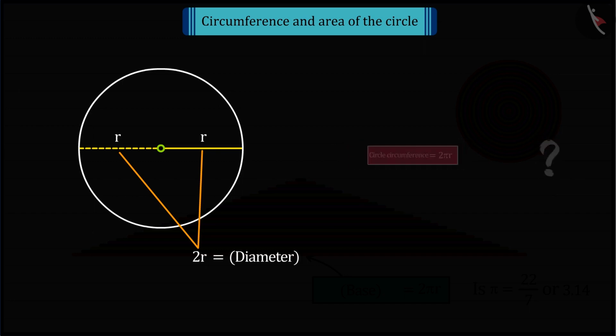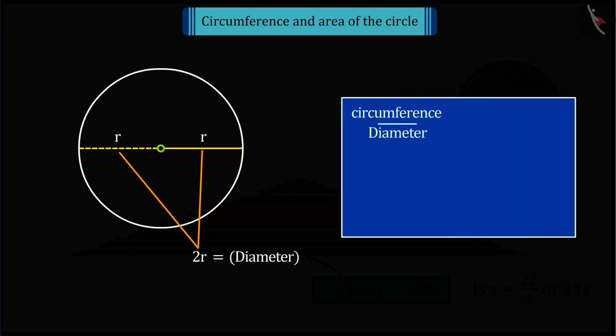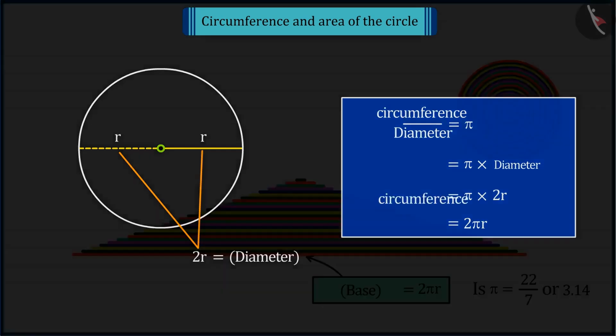Absolutely correct. Since we know that the circumference of a circle and its diameter have a constant ratio, which is represented by pi, by solving it we get the circumference of the circle.